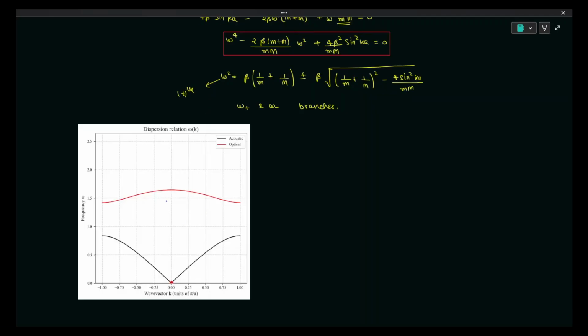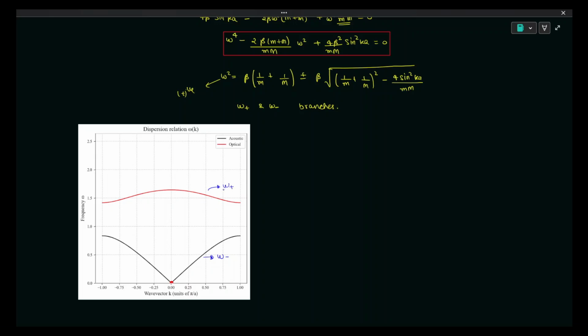So this image represents the dispersion curve for a linear diatomic lattice. The lower frequency, given by this black curve, represents frequencies omega minus, and this red one represents omega plus.